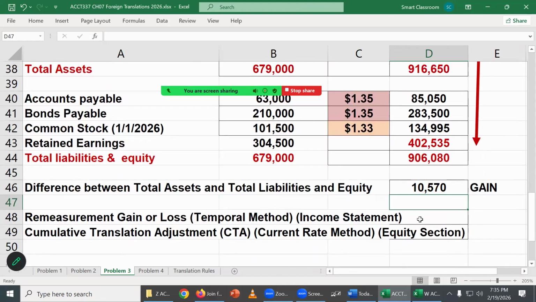Okay. I just realized now why I can't be crunching these columns together. So this will be a gain. It'll be in the equity section. It will not be on the income statement.